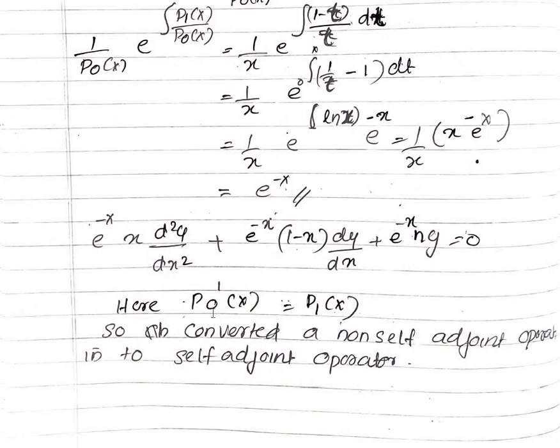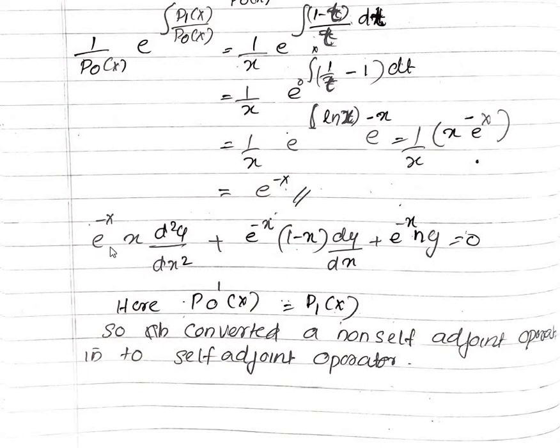So here, now we will get the equation. When we check this equation for the self-adjoint condition, p0 of x is nothing but e raised to minus x into x.